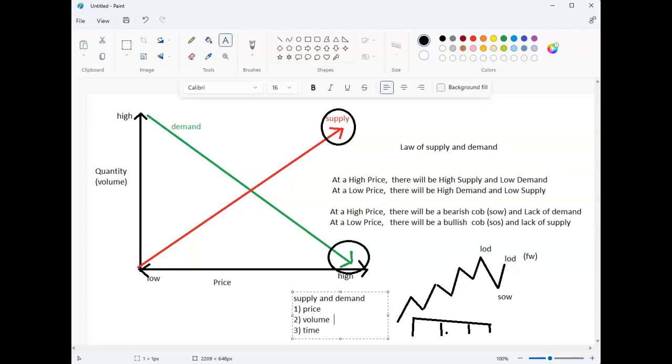From the volume perspective, the lack of demand up here will be low volume, right? Your lack of demand. From a price perspective, it will be a small wave, which many times you call shortening of the thrust.